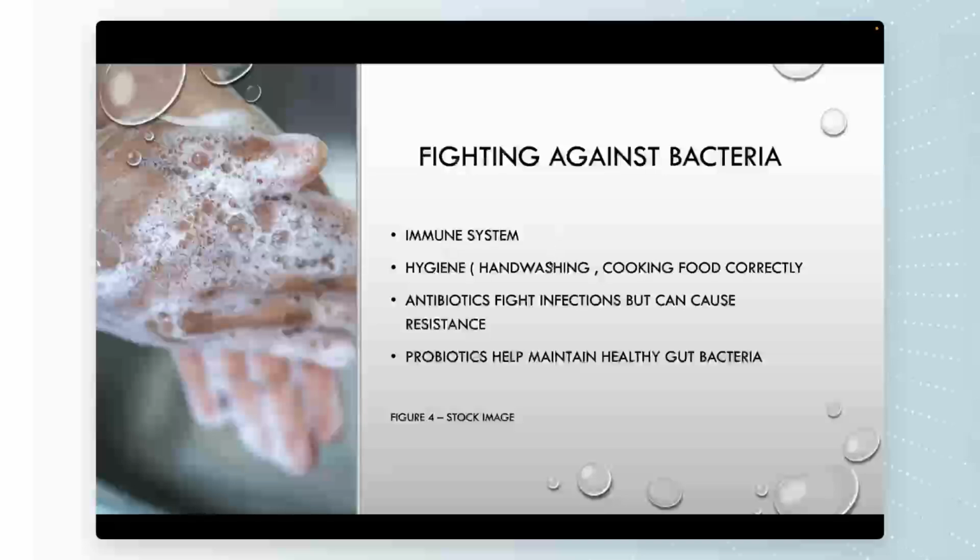Probiotics found in foods like yogurt can help restore good bacteria after antibiotic use. However, overuse of antibiotics can lead to antibiotic resistance, which means bacteria adapt and become harder to kill. This is why doctors recommend only using antibiotics when necessary.